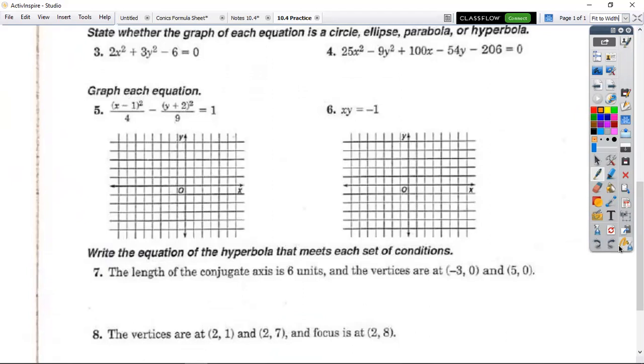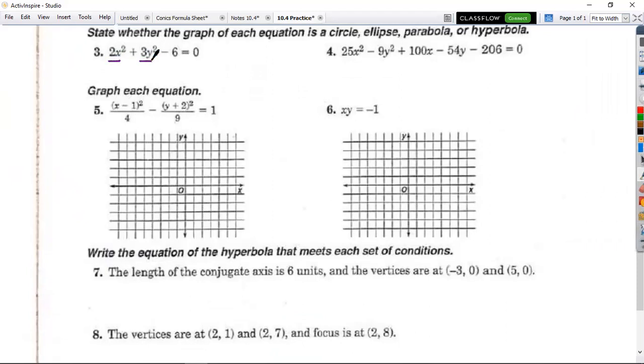Now when you look at number 3, look at your A and your C. Are they the same sign or are they opposite? Same sign, yep. Same sign indicates an ellipse. And if they're completely equal, it's a circle. So same sign, this one's an ellipse.